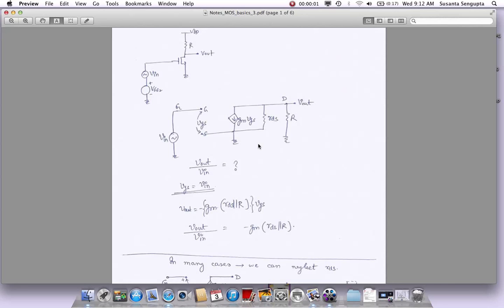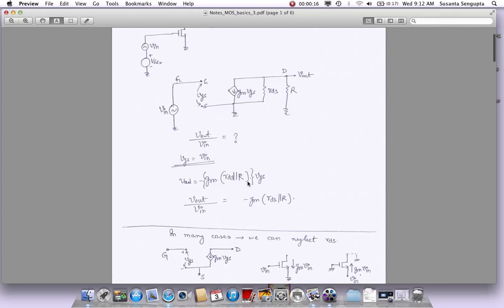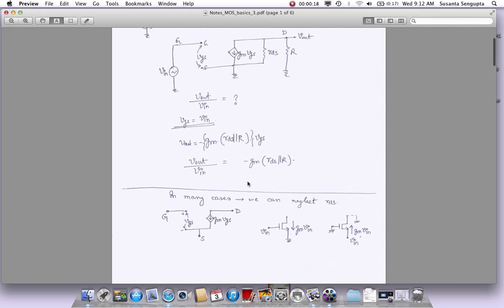So we looked at this example of the amplifier and we developed the small signal model. I thought, why don't we look at some of the cases where we can simplify it further. As you get more and more used to these small signal models and the various circuits we'll talk about, you will see that in many of these cases we can actually neglect the RDS.